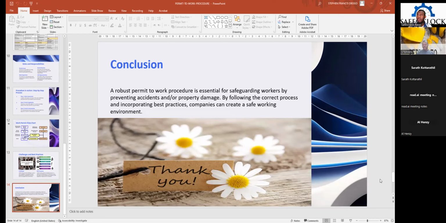By following the correct process and incorporating best practices, a company can create a safer working environment for all, and not just focus on the worker, because when you have a safe working environment, it's a huge return on investment.